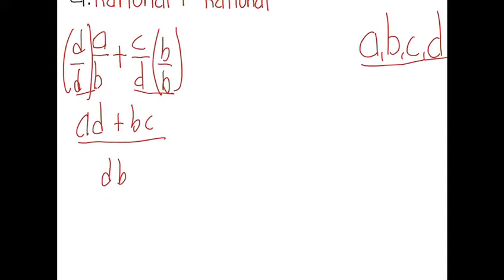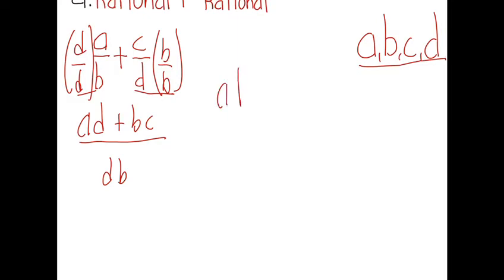If you'll notice, ad, bc, and db are all the product of two integers. And when you multiply two integers together, the answer must be another integer. So we can substitute each of these products as another letter. Let's just say ad is equal to e, bc is equal to f, and db is equal to g.